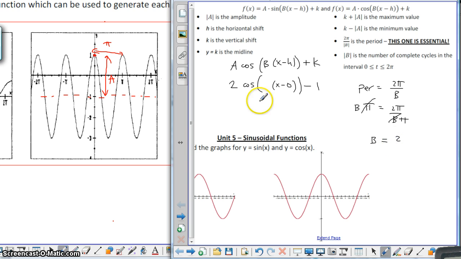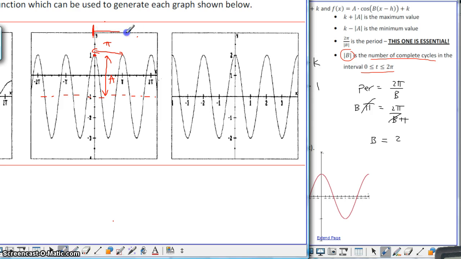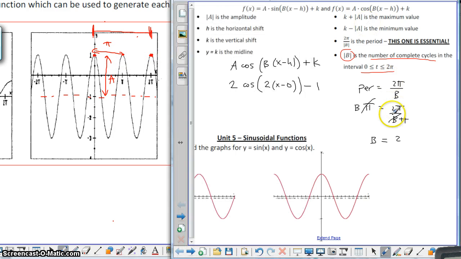B is 2. The other way you could think of this is that B is the number of complete cycles in the interval 0 to 2 pi. Looking at this interval from 0 to 2 pi, I can see that 2 full cycles occur. 1 cycle, 2 cycles. So that's maybe an easier way to spot B automatically.